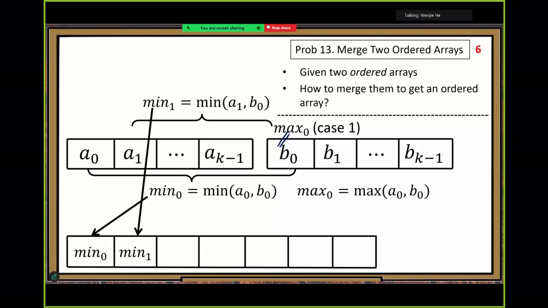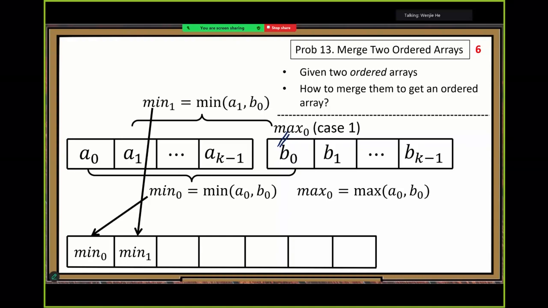Can you follow this implementation idea to put all the elements in place? If B0 is in place, then A1 is one of the two candidates, and B1 is the other candidate, right?